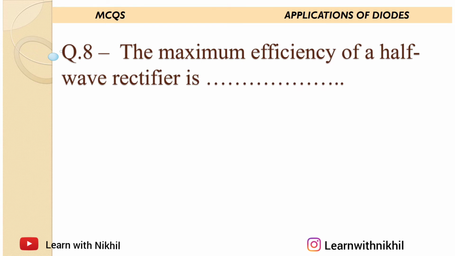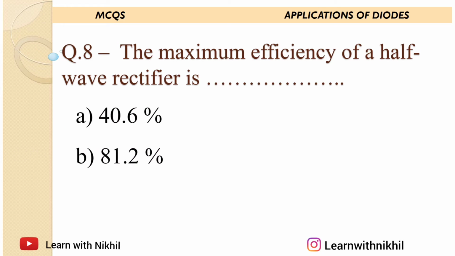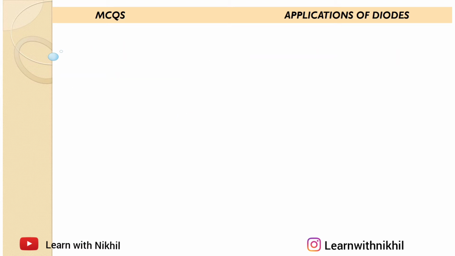Next question. The maximum efficiency of a half wave rectifier is A. 40.6%, B. 81.2%, C. 50% or D. 25%. And the right answer is 40.6%. Next question.